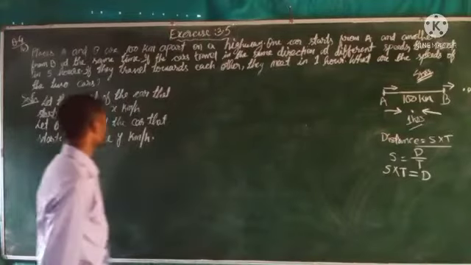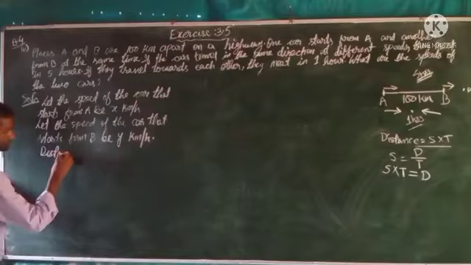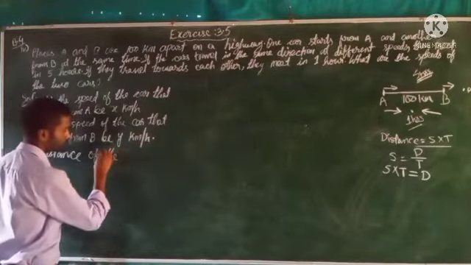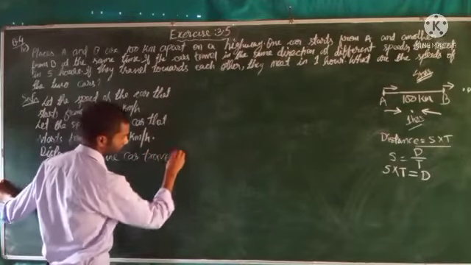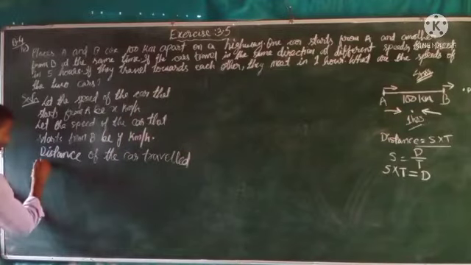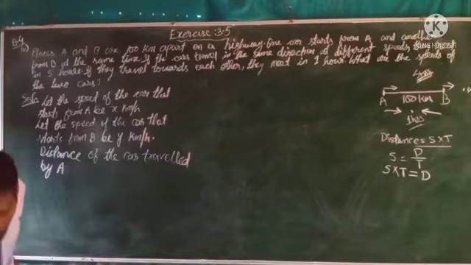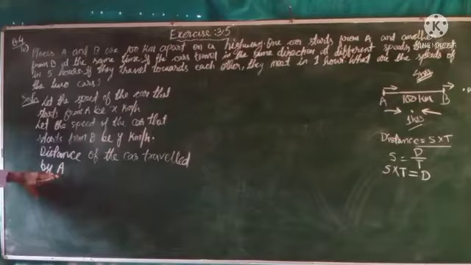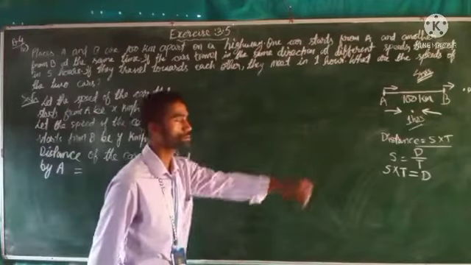So we will write here the distance of the car traveled by A. That means what is the distance covered by the car which starts from point A? We'll use the formula distance is equal to speed into time.